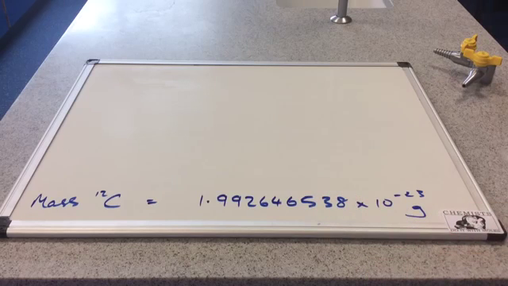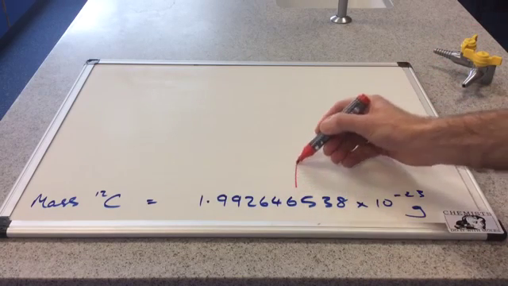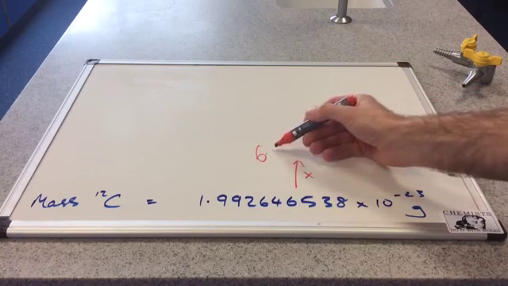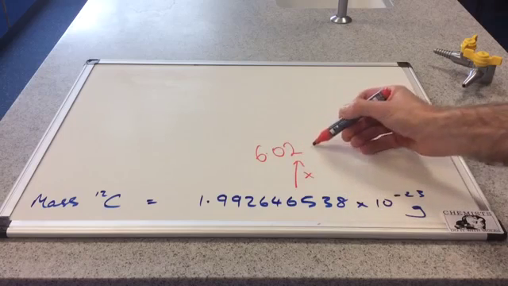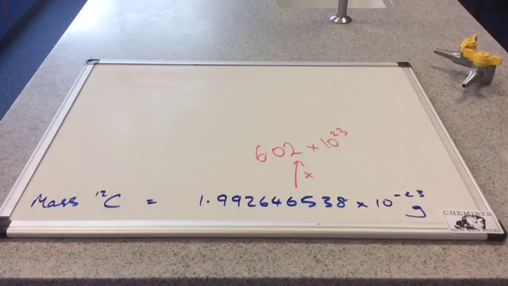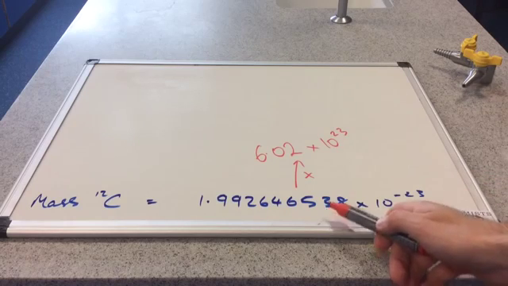And the number that they used to scale up, I'm sure you've come across it, is this number here, 6.02 times 10 to the 23. I'll tell you what that number's called in a moment, but let's just see what effect that has on this number here.